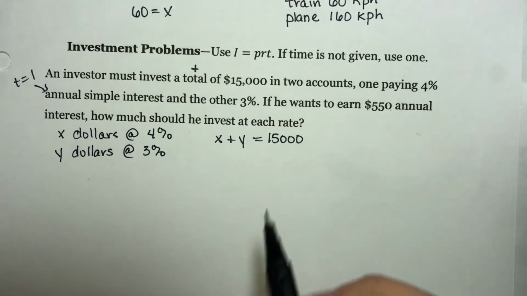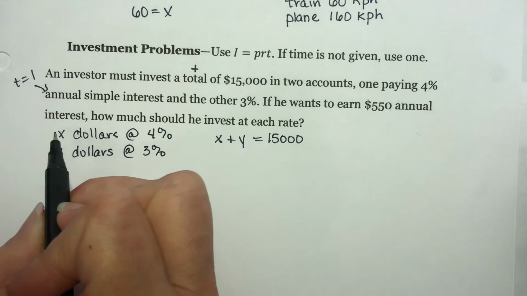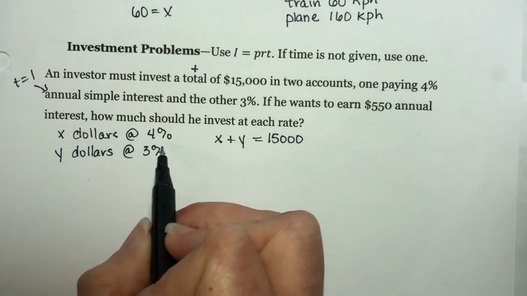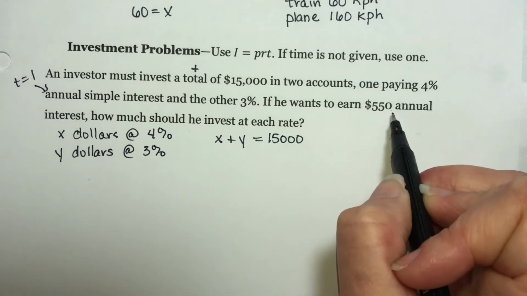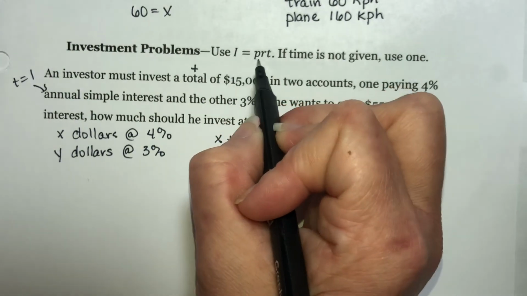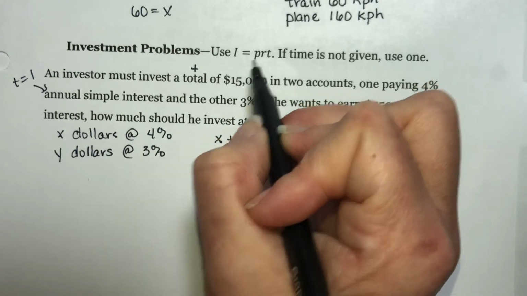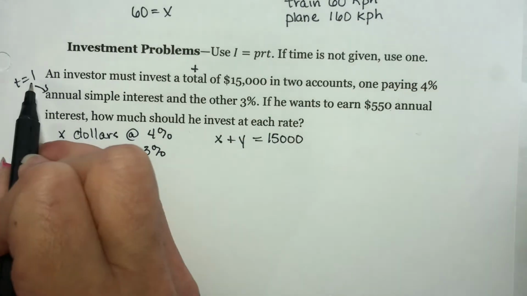Okay. Now what we know is if I can find the amount of interest we make on this investment, and then add to it the amount of interest we make on this investment, it should equal 550. The interest is the principal, which is X and then Y, times the rate, which is 4% and then 3%, times time, but time is 1.